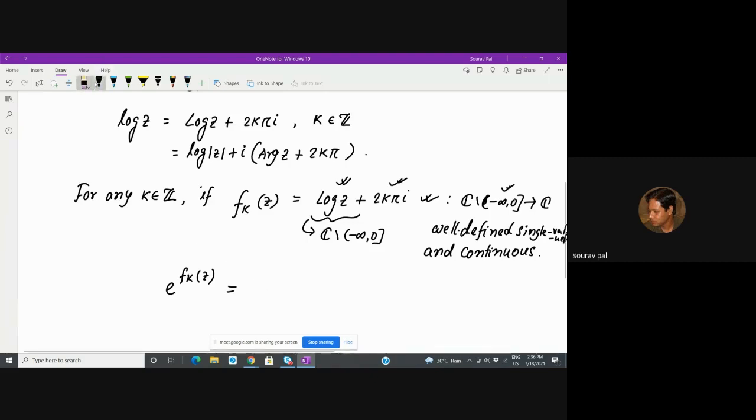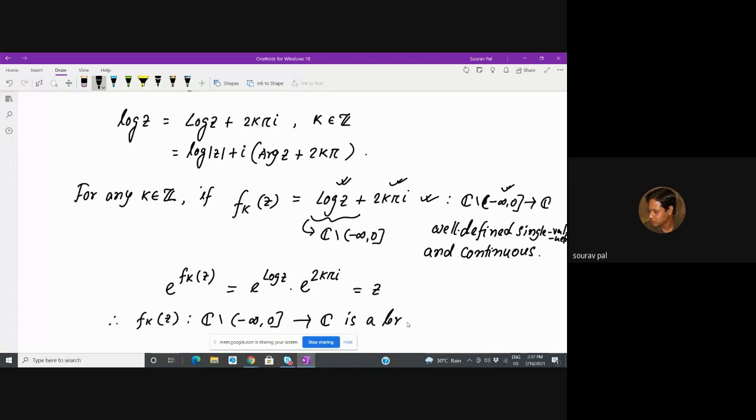So this is e to the log z times e to the 2k pi i, which is equal to z. Therefore this f_k z from C minus the negative half-axis is a branch of logarithm for every k.